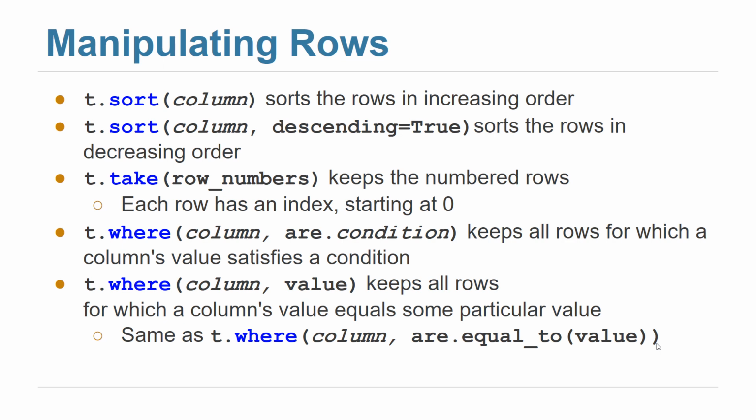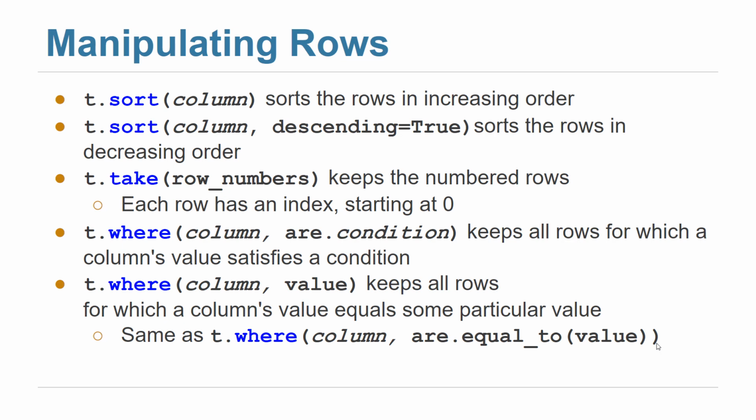Manipulating rows, I think we went through this quickly before. We can sort the columns, we can sort the rows, given a column, descending or in ascending order. We can also select some of the rows by indices by the method take, and we can also select some rows by the condition using the where statement.